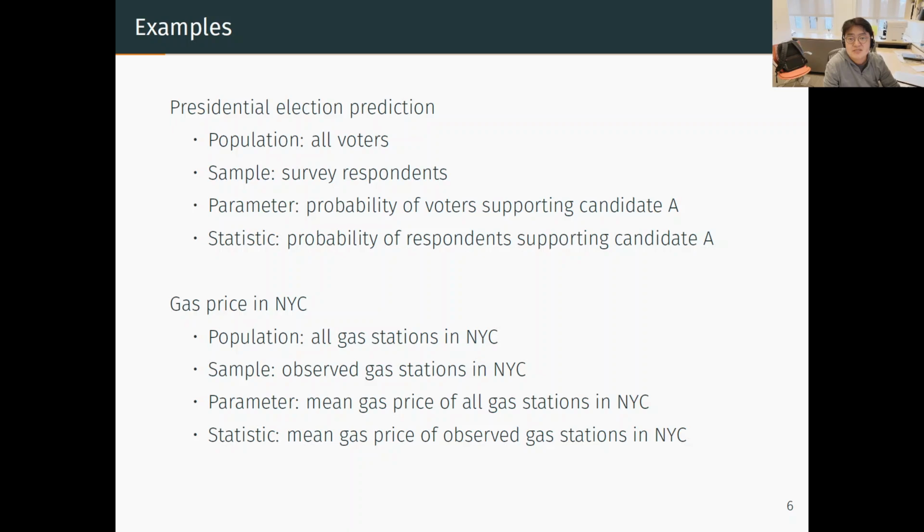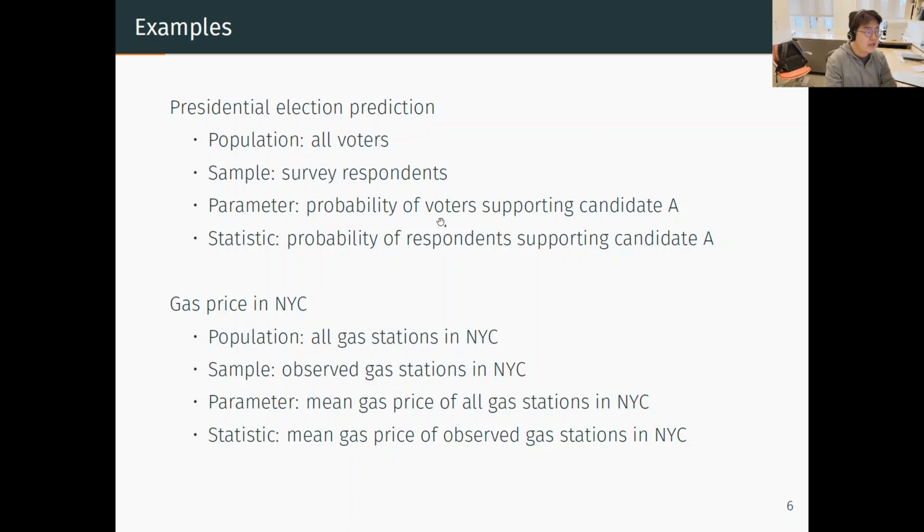Okay, so then let's think more about the examples. Presidential election. The population is all voters, and the sample is survey respondents, right? And the parameter we are curious about is the probability of voters supporting candidate A. And a statistic, what you can use as an estimator, is the probability of respondents supporting candidate A, right?